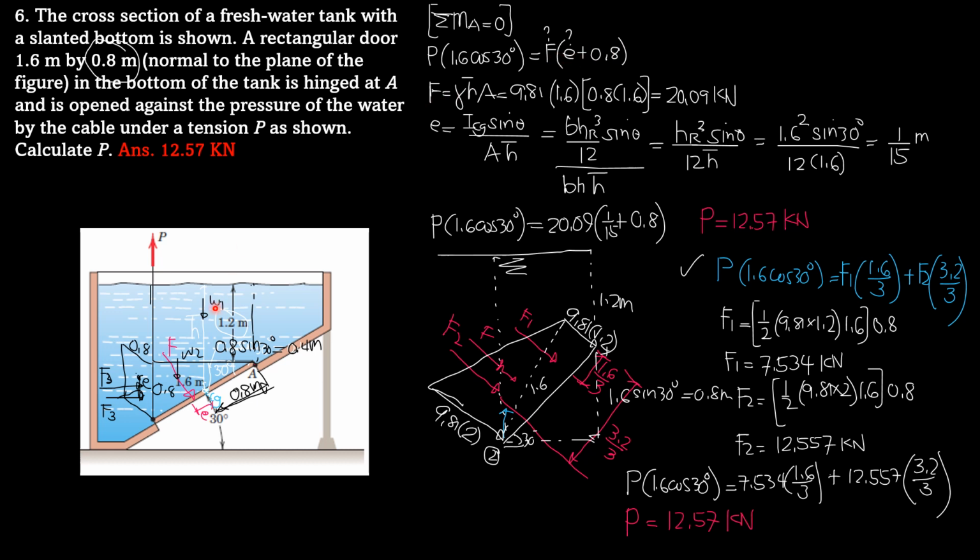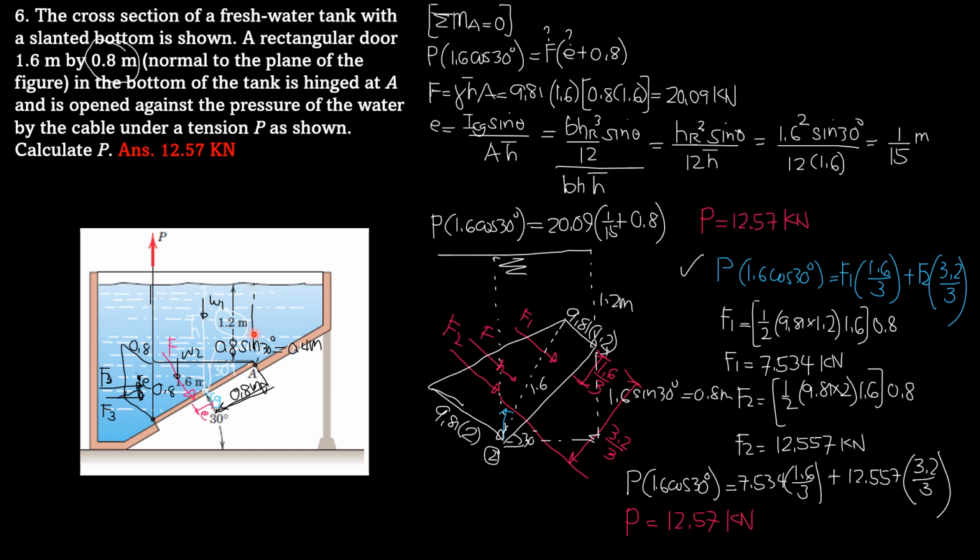And what is F? Because there's only one liquid and this is water and it is exposed to the atmosphere, we use the formula for F, specific weight of water, barred H, area. Where barred H is the vertical distance from the centroid to the water surface.